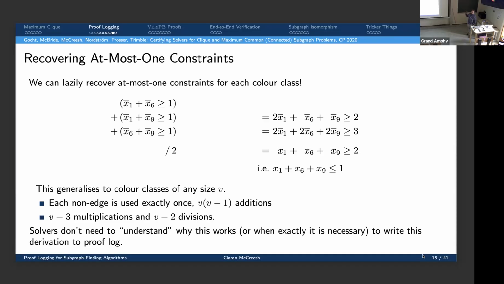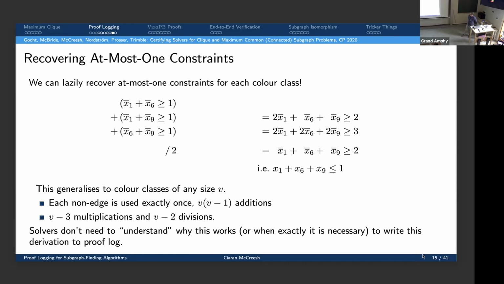I claim that this is as efficient as we could possibly get, because if we didn't use any of the non-edge constraints, we wouldn't actually have an at most one. So somehow this is as efficient as possible a derivation of an at most one constraint from what we have.